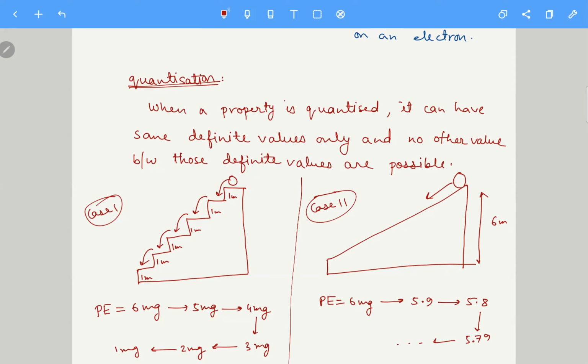It has fixed values separated by intervals of 1 mg. In case 2, potential energy decreases continuously. Is this understood? Yes, sir. So in case 1, potential energy is quantized. In case 2, the potential energy is not quantized. This is what we mean by quantization.